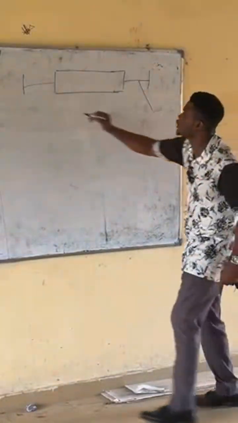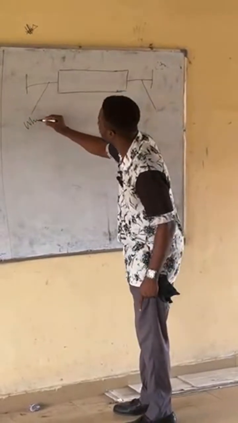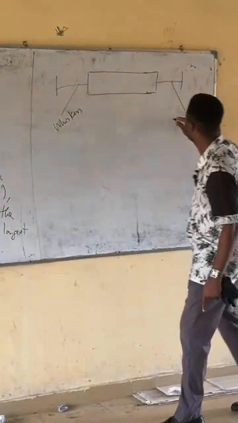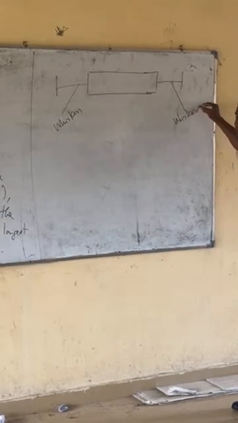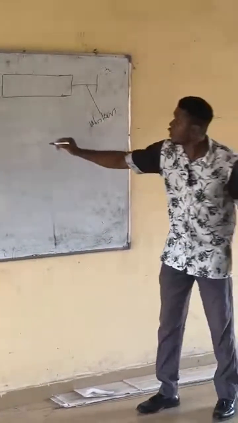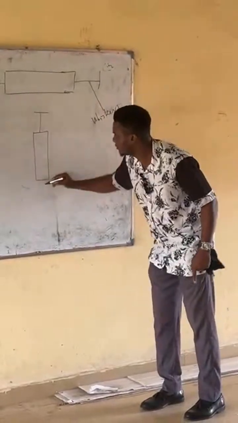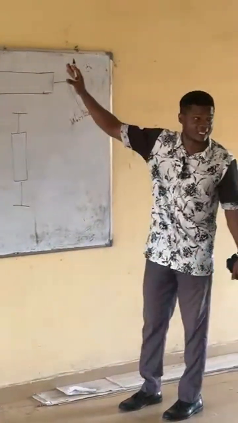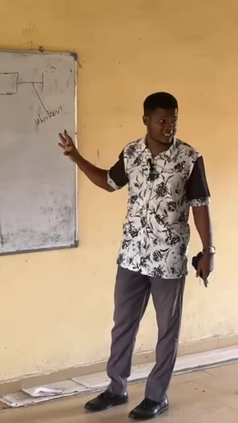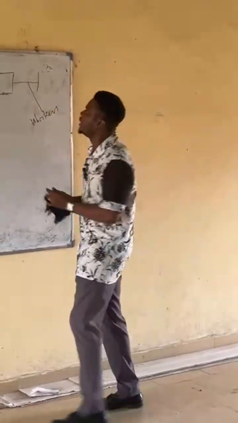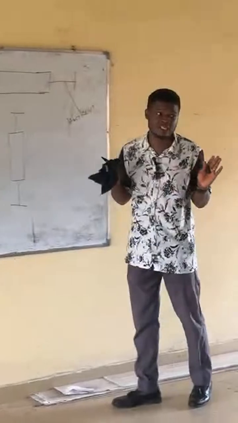These two lines are called whiskers. You understand me? They're called what? Whiskers. So you can have a box plot in this manner. You can have it vertically, you can have it what? Horizontally. Is it clear?